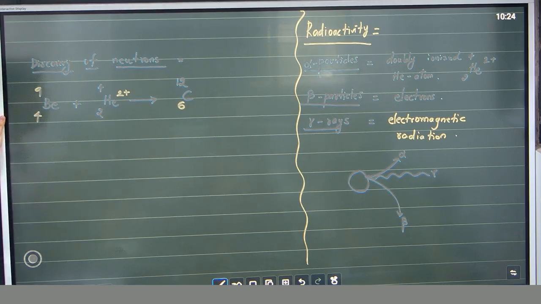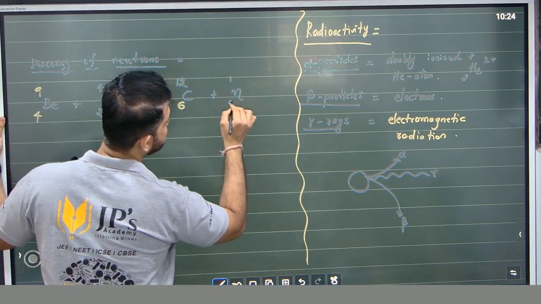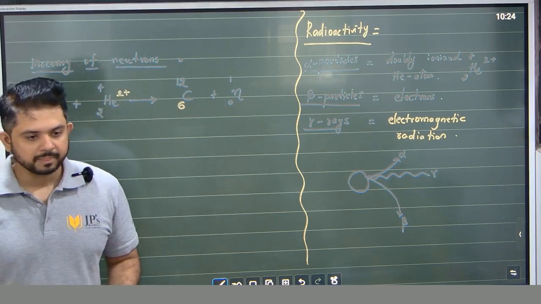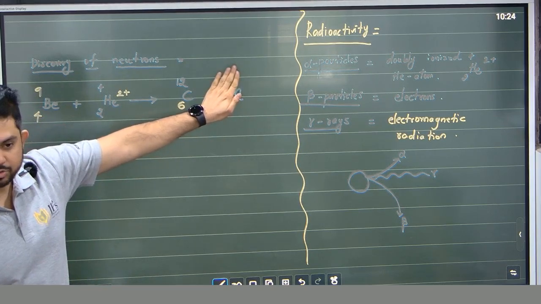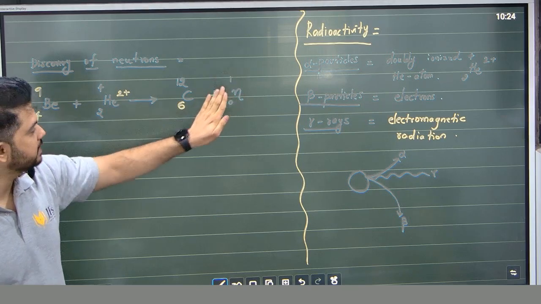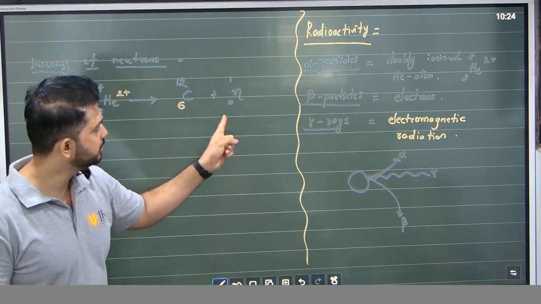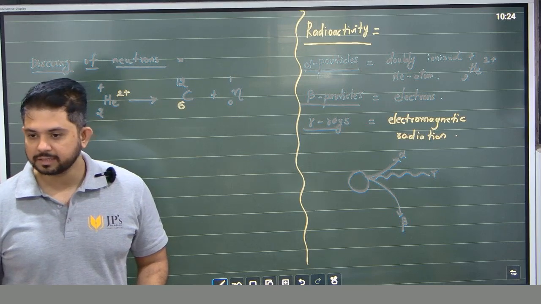So where is that one missing particle? It is in the form of neutron. So पहले ये मिला, because this was very difficult to find because it has no charge. So where was that law of conservation of mass missing? It was missing because of neutron. Did you people get that? Bolo re.